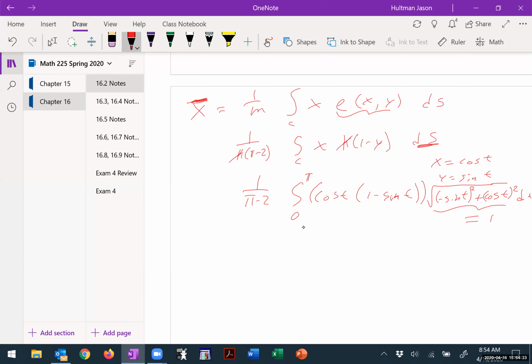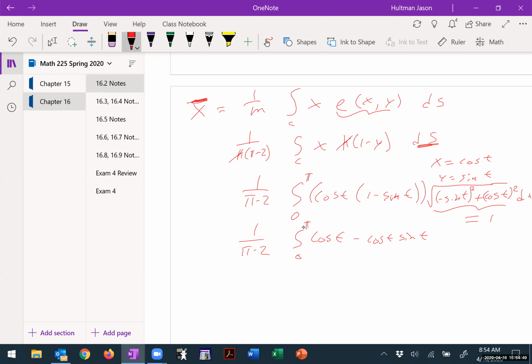So what is this going to become? Well, this is 1 over pi minus 2 times the integral of cosine t minus cosine t sine t, from 0 to pi. So let's integrate these.